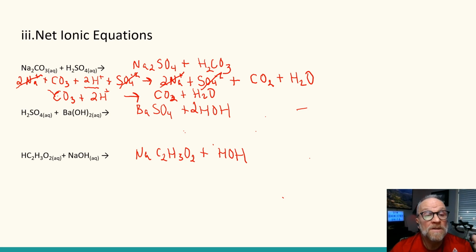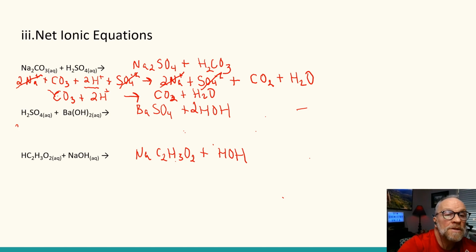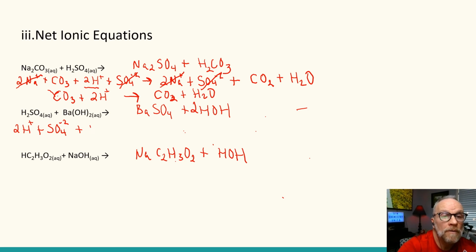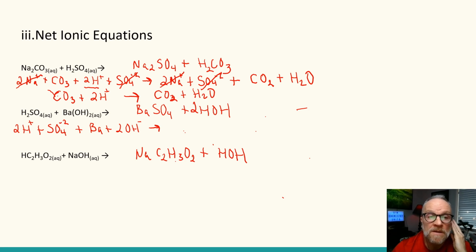This one is sulfuric acid and barium hydroxide. Strong acids will dissociate. Usually hydroxides do not dissociate, but barium is one of the exceptions. It dissociates. So we've got barium here plus hydroxides, 2 hydroxides there. Sulfates do not dissociate. Let's see, double check barium sulfate here on my chart.